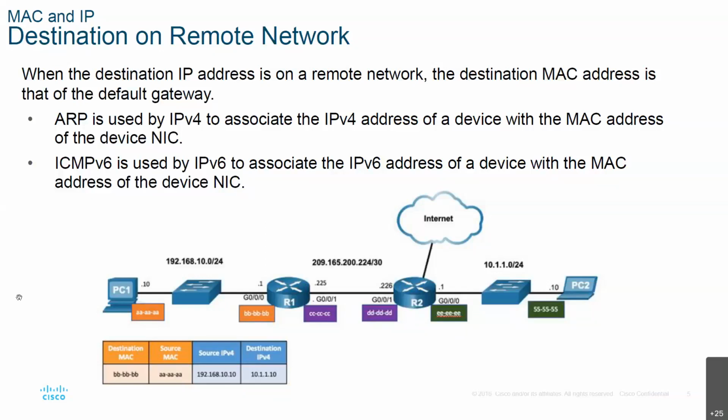For example, over here, you are sending information to your destination from a source. When you're sending it from this device, it will say: this is my destination MAC, this is my source MAC, this is my source IP version 4, and this is my destination IP version 4.